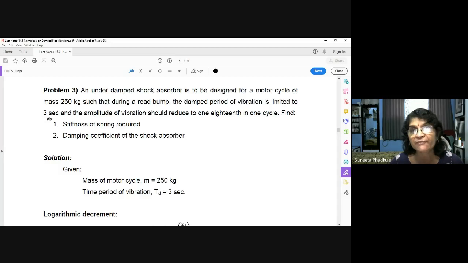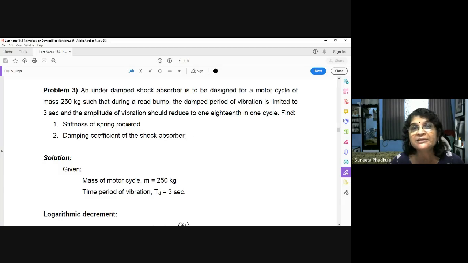Damped period, what is the notation for this? Time period, that is Td equal to 3 seconds. And the amplitude of vibration should reduce to 1/18th in one cycle. That means if the first amplitude is 1, the next amplitude is 1/18.